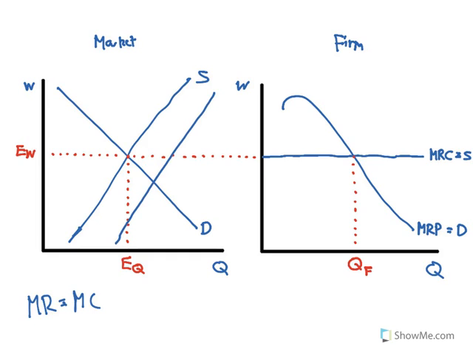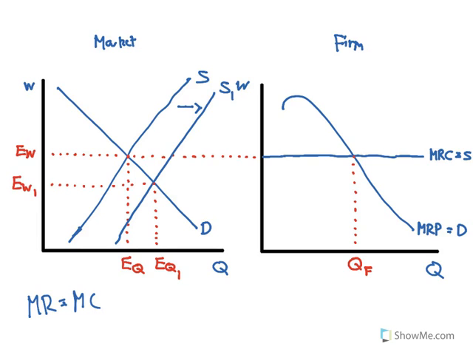That's one of the shifters of labor supply, more workers. So we have S1, and then we have our arrow. Don't forget your arrow. So supply shifts to the right. And we notice here we now have a new equilibrium point. So now we have a new equilibrium quantity of labor in the market, EQ1, and then we have a new equilibrium wage, EW1.